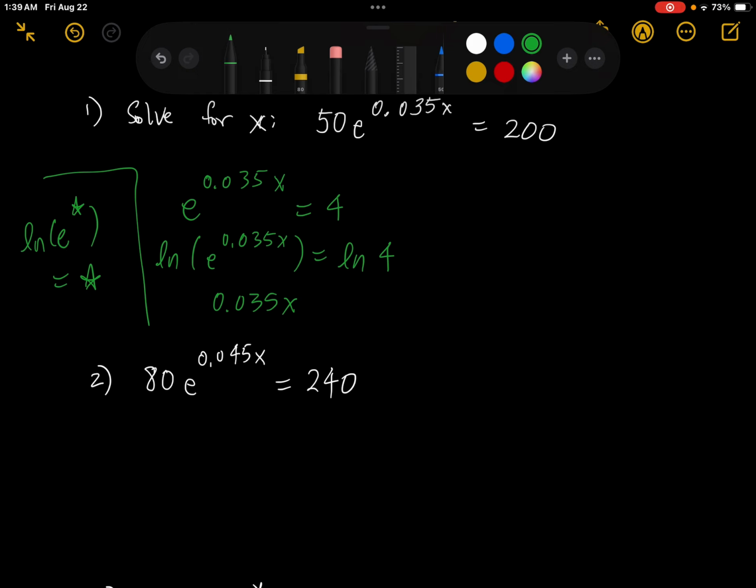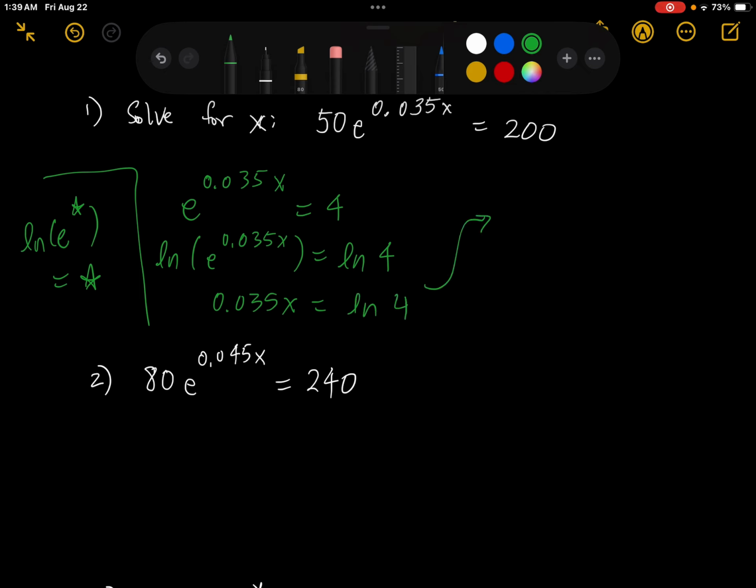So the natural log of e to anything is just going to be that thing. So it's 0.035x equals the natural log of 4.